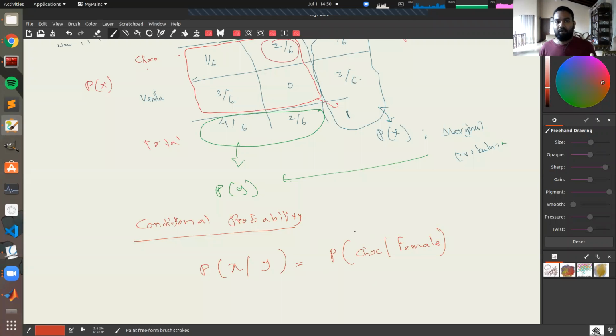This can work the other way around as well. Given we have a bunch of people who like chocolate, what's the probability that you're a girl or a boy? So let's take this example: given you're female, what's the probability that you like chocolate?